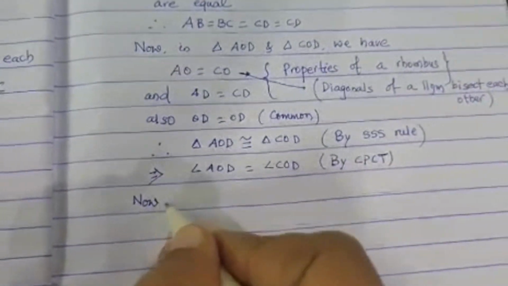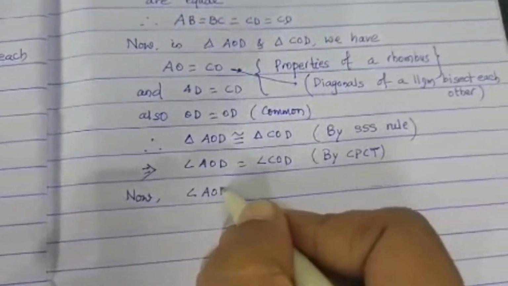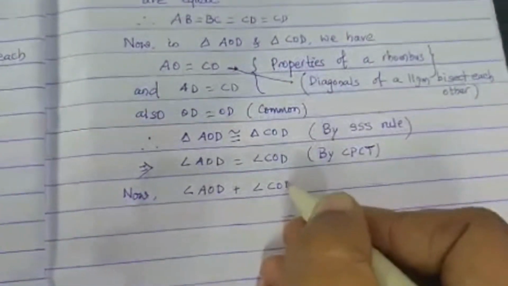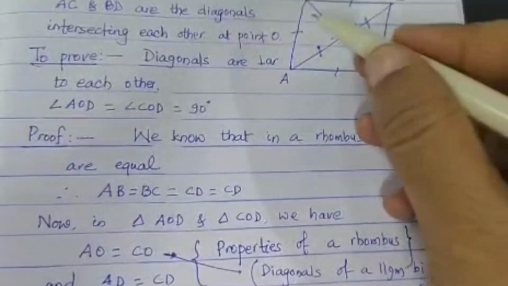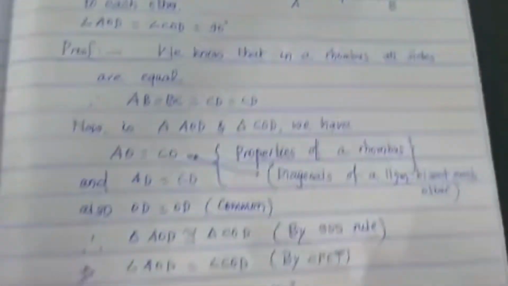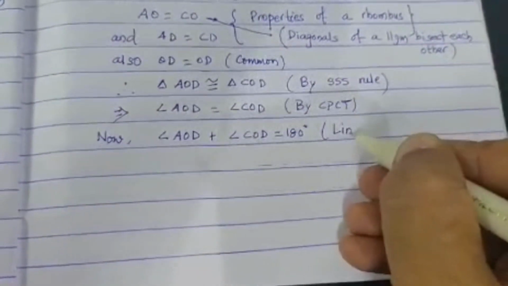Now, angle AOD plus angle COD is equal to 180 degrees, because these are forming a linear pair.